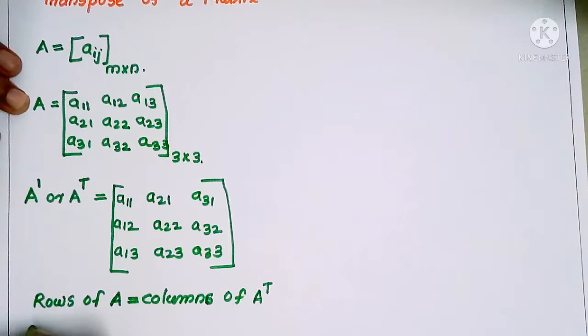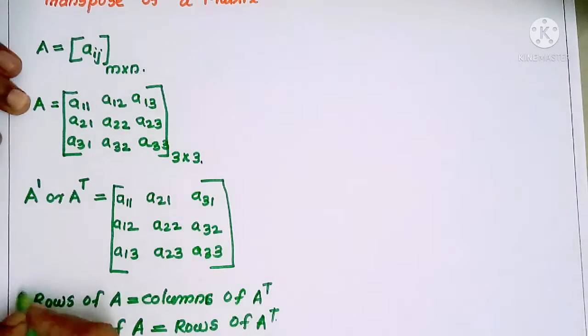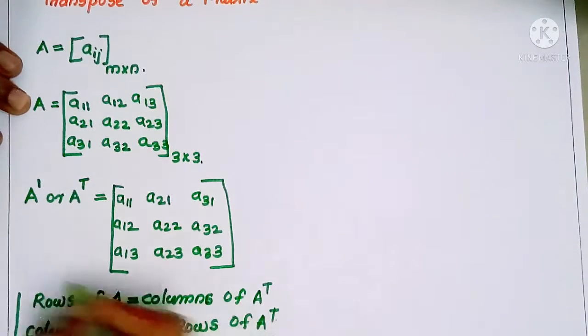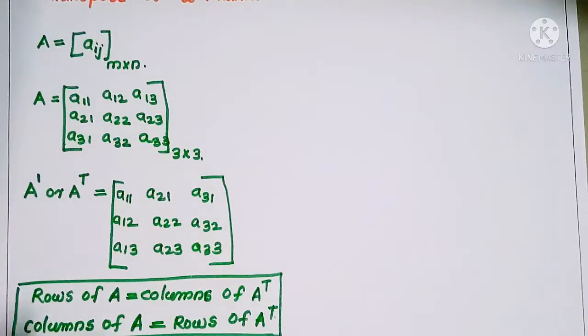Next, the columns of matrix A become the rows of the A transpose matrix. This is the concept of A transpose, or the transpose of a matrix.